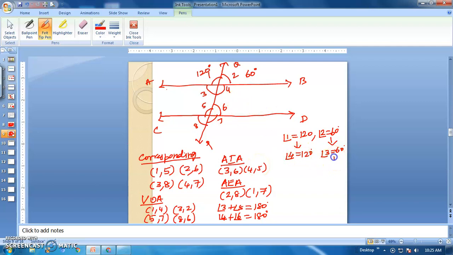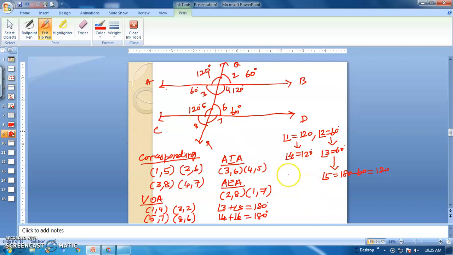So angle 3 equals 60 degrees, and what about this one? These two sum to 180 degrees. Therefore angle 5 is 180 minus 60, equal to 120 degrees. And this one is 60 degrees, and this one is also 120 degrees. Similarly, it is 120 degrees, so what about this one? Definitely 60 degrees, because of the linear pair.